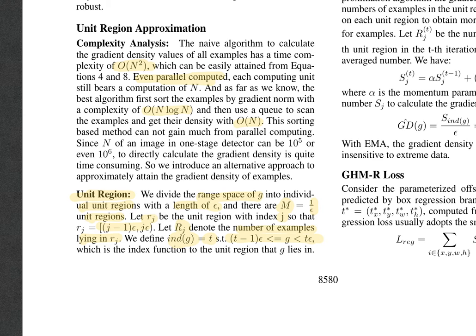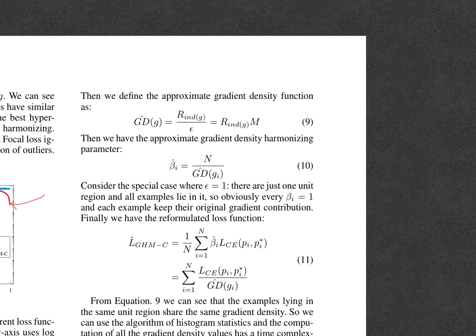Therefore, the index to the unit region that g lies in will help determine the approximate gradient density, which is computed like this. The number of examples that lie within that region times the total number of regions.